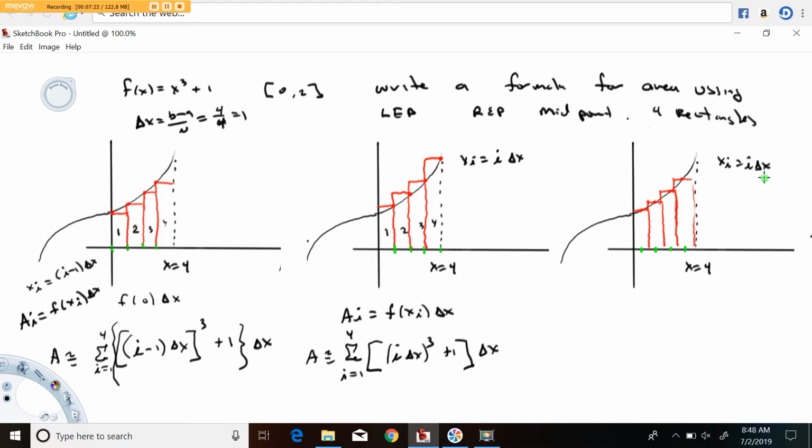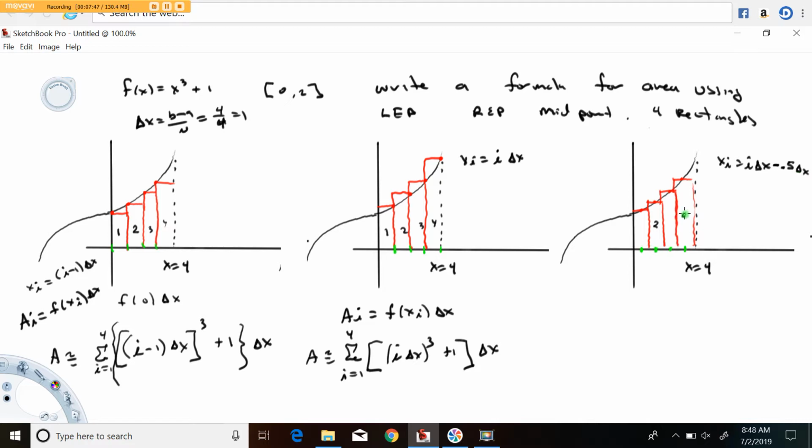This i times delta x puts you at the right-hand side of each rectangle. So for example, here's the second rectangle. If I put i equals 2 in, 2 times delta x puts us right there. But we want to be just to the left of that. So if we subtract 0.5 times delta x, there is a formula that will get us to the left-hand side of every rectangle. Watch.